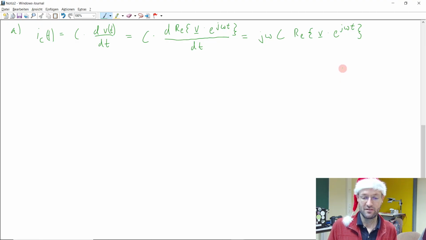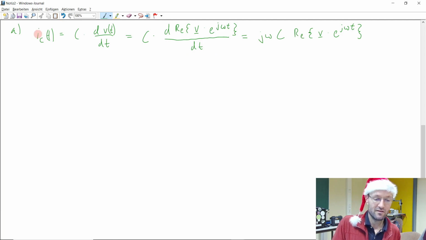Okay, so now if we would also write this current function in this way and then do some comparison, we would find out that this equation in the time domain turns into: complex current phasor is j omega C times complex voltage phasor.